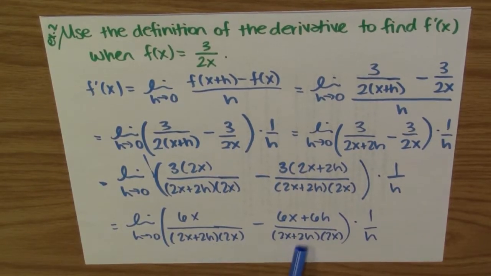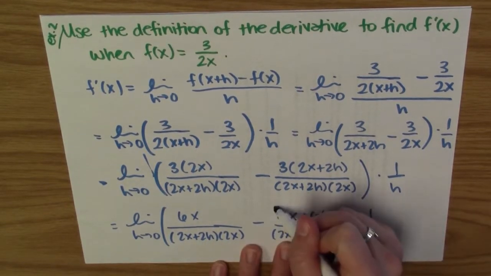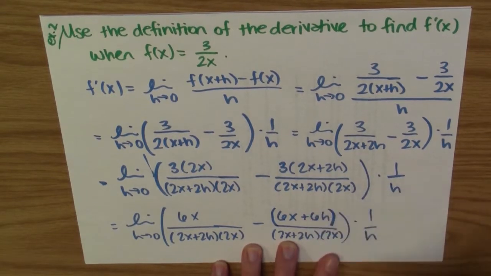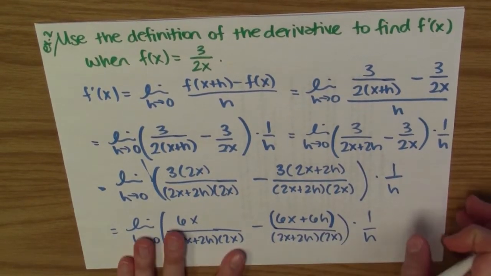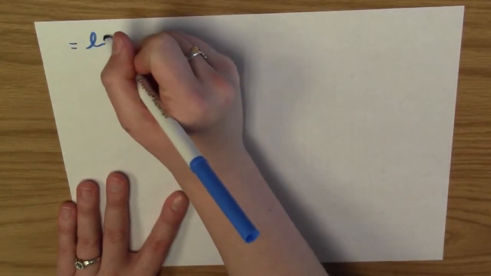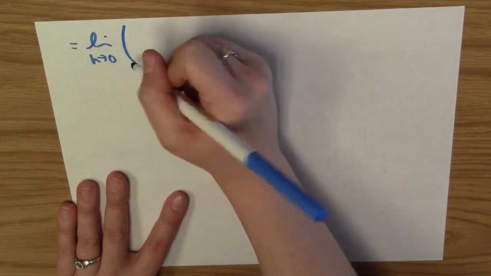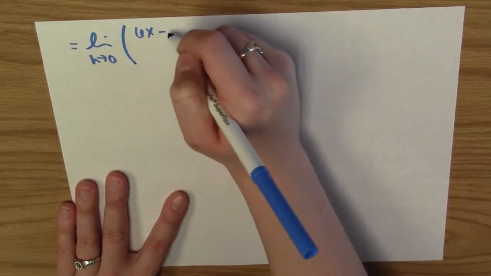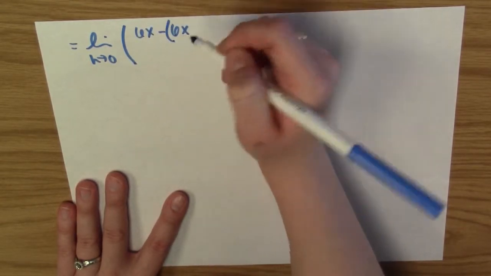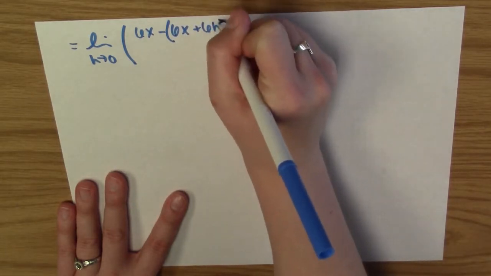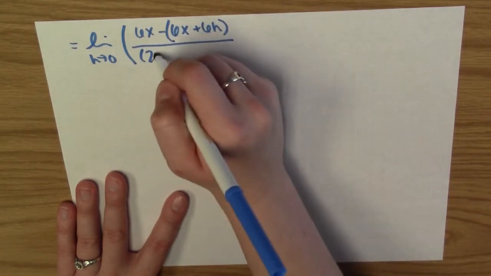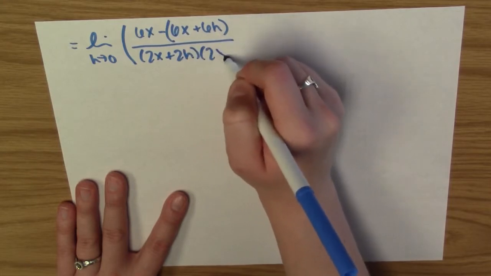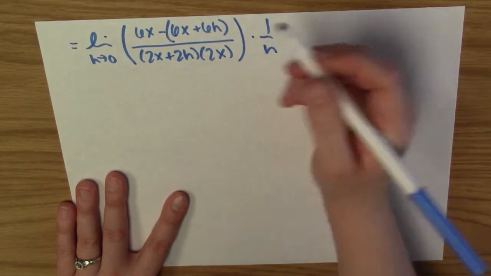Now this denominator and this denominator are the same, so I can combine these two fractions into one by just subtracting the numerators. I'm going to go ahead and put parentheses around this numerator because we need to remember to distribute the negative sign. So now I have the limit as h approaches 0 of 6x minus, in parentheses, 6x plus 6h all over 2x plus 2h times 2x, and I multiply by 1 over h.